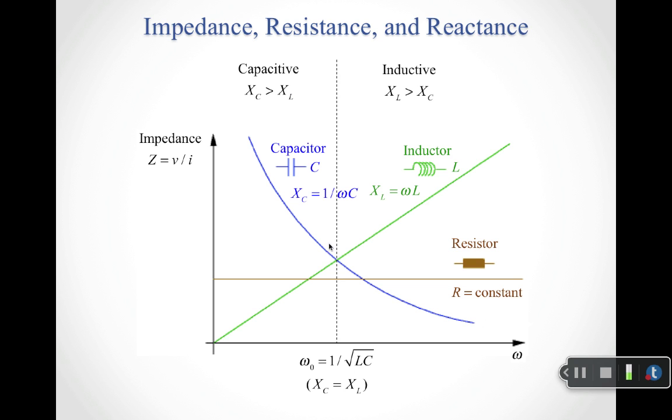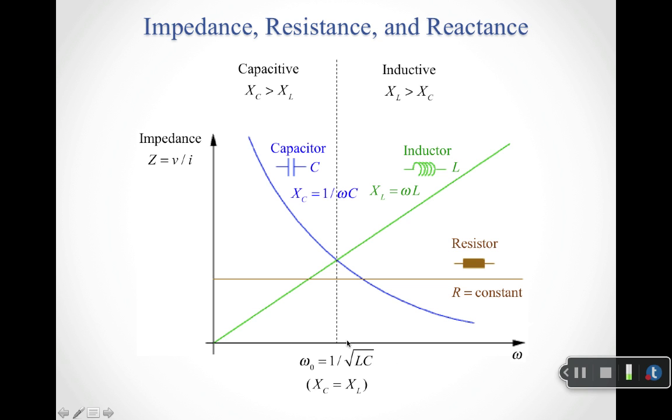And again, there's clearly this point where you go from the impedance being dominated by the capacitor to being dominated by the inductor, and that point happens to be right at a frequency that you can calculate as 1 over the square root of LC. And we notice that this happens to be exactly the same frequency that we talked about.